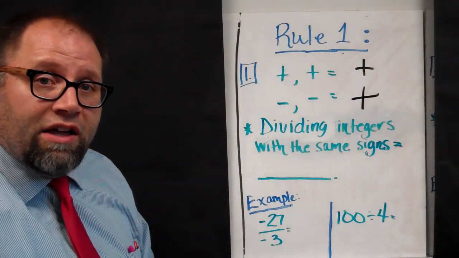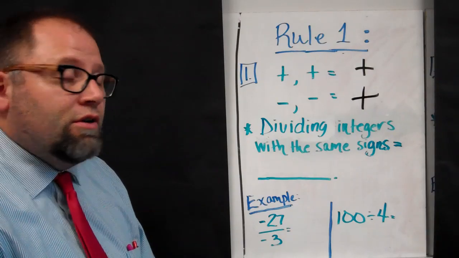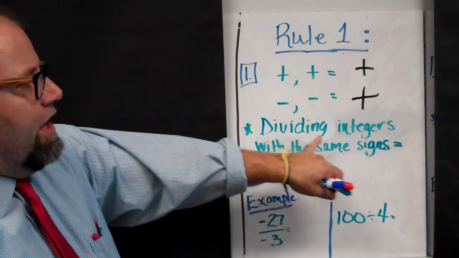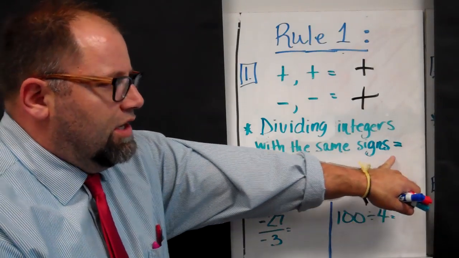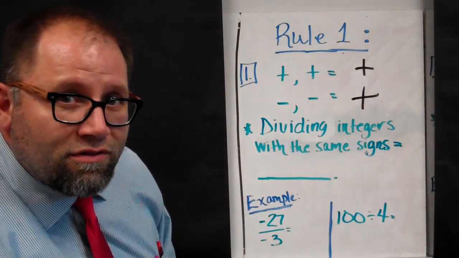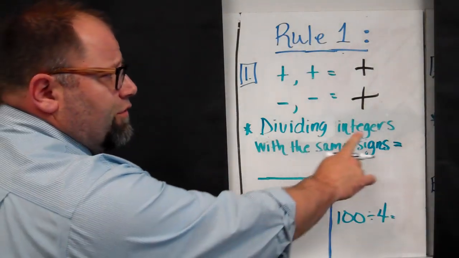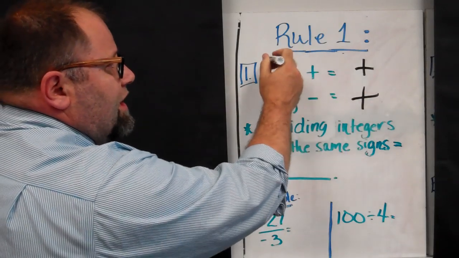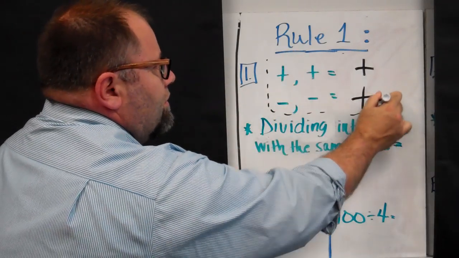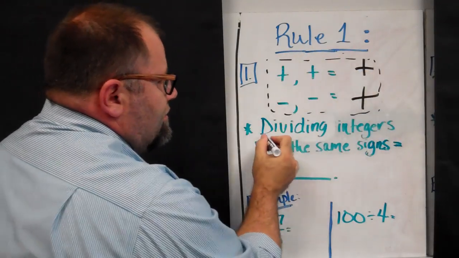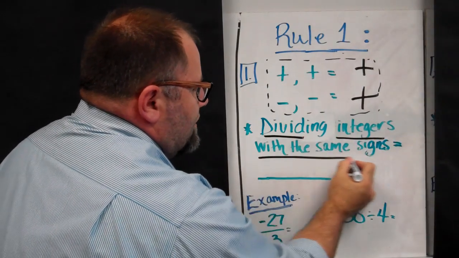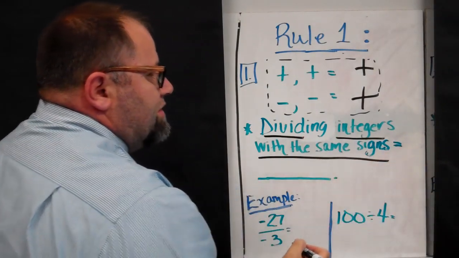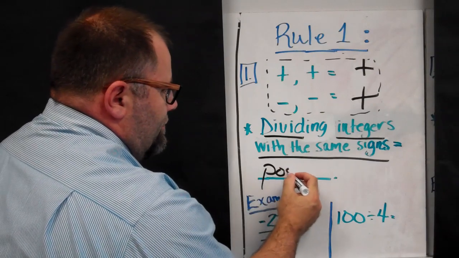So same sign, positive answer. And what we'll see is dividing integers with the same signs is, did you already write it in? Because you wrote this as your first big note, right? You have this kind of like as a graphic. And then this is your big note, dividing integers with the same signs, and that equal sign is positive.